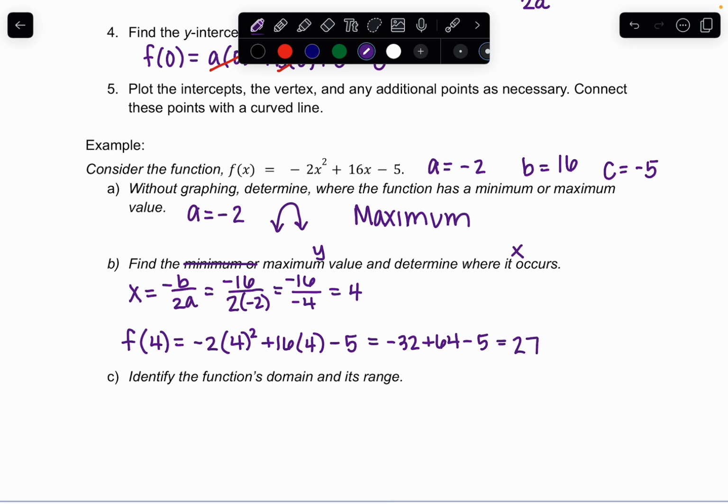So, if we go back and actually answer the question, our maximum value is 27 at x equals 4.